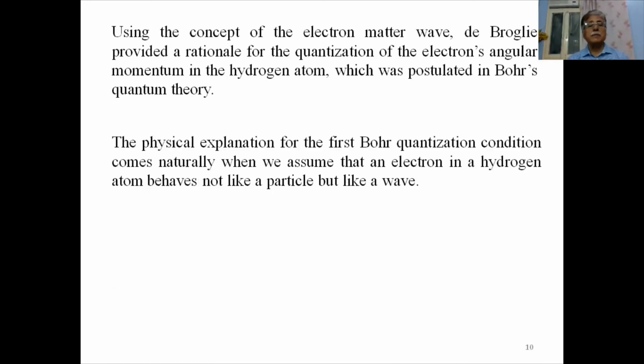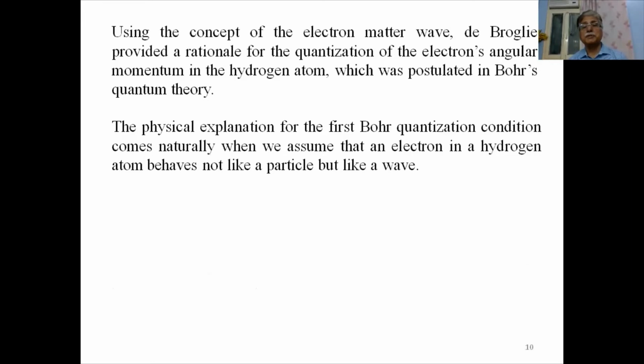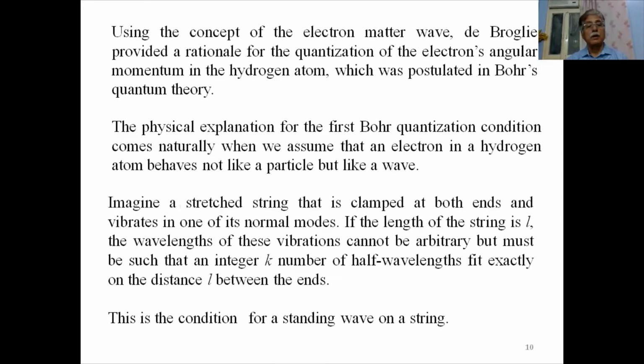Now, let us see the physical explanation. The first Bohr quantization condition comes naturally when we assume that an electron in a hydrogen atom behaves not like a particle, but like a wave. Let us imagine a stretched string that is clamped at both ends and vibrates in one of its normal modes.